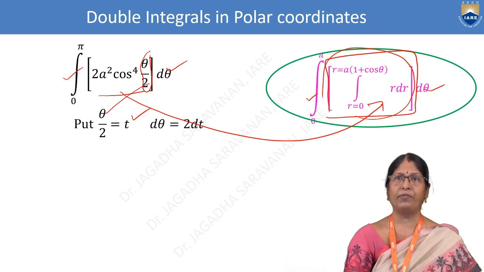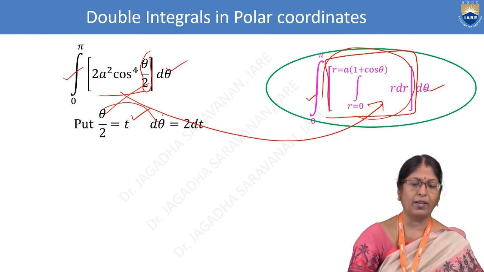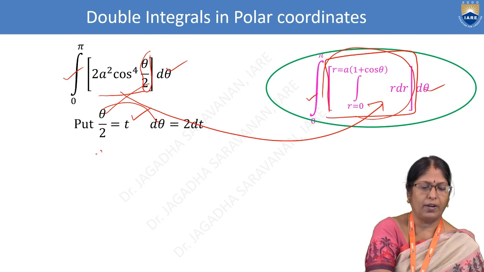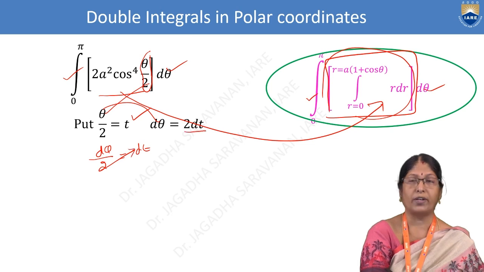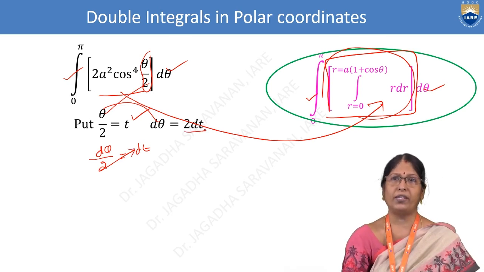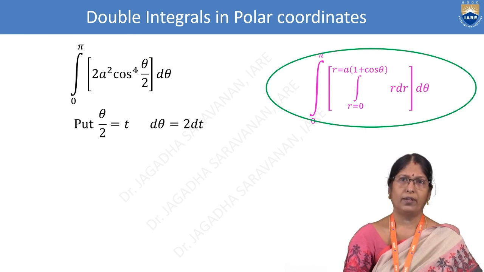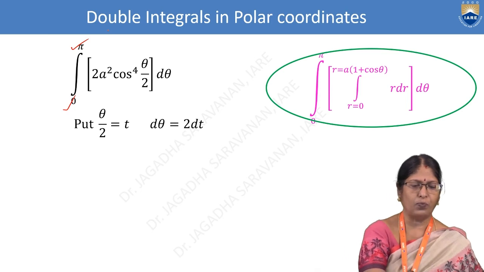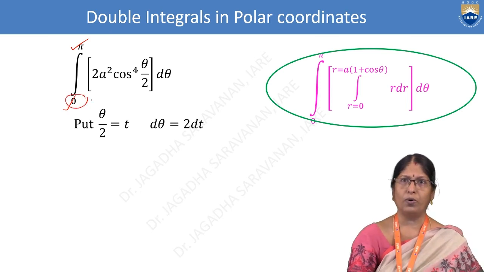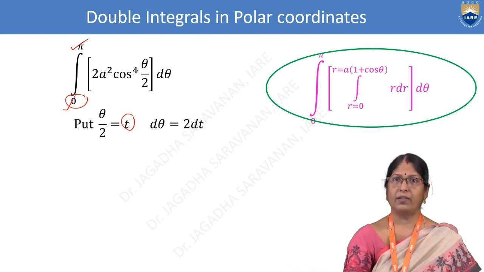Both the sides we will differentiate. That is, d theta by 2 equal to dt. So d theta is 2 dt, that's what is written here. When we are doing the substitution method, we have to check the limits. When theta equal to 0, is there any change in t?